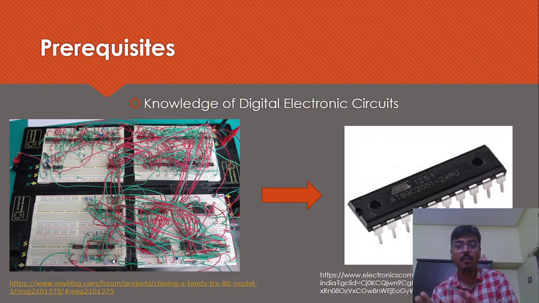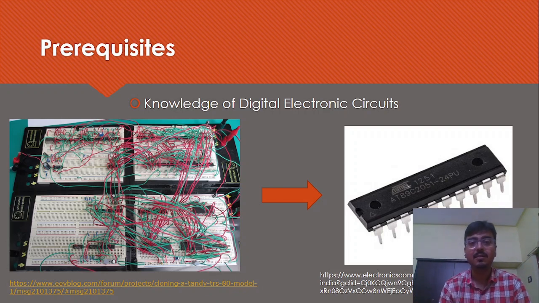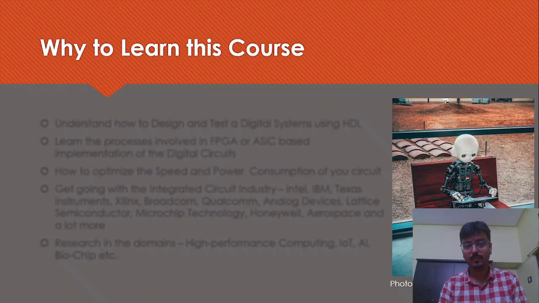So the first step of automatically designing this kind of ICs is to describe the digital circuit using some hardware description language. So how to do that? This will be the motto of this course.